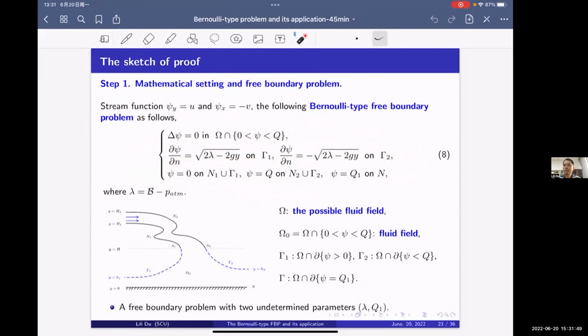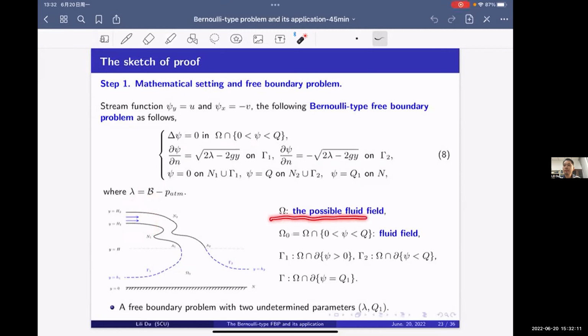We denote λ equals B minus the atmospheric pressure. Here, we regard λ as a parameter instead of the Bernoulli constant B. Once λ is determined, the constant B is fixed.